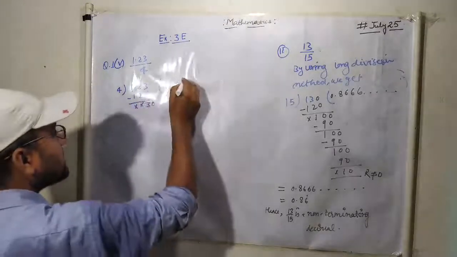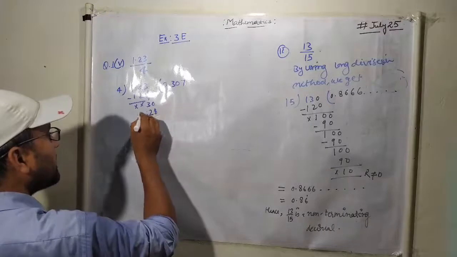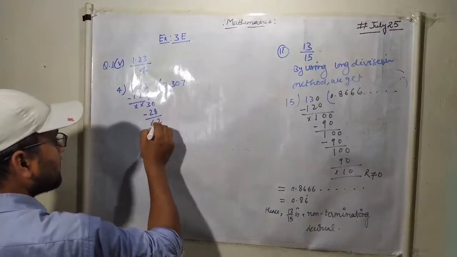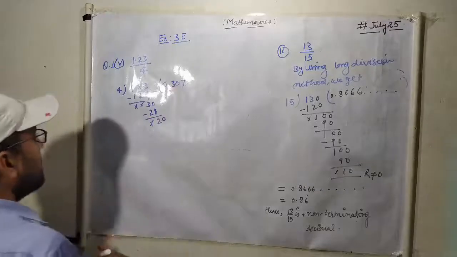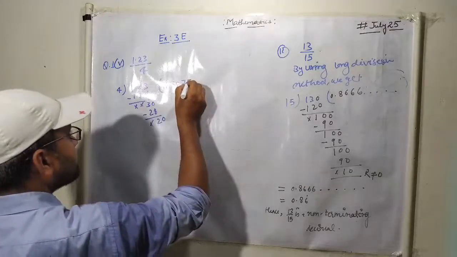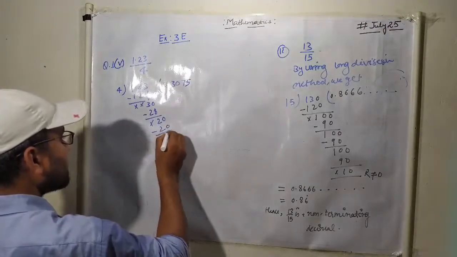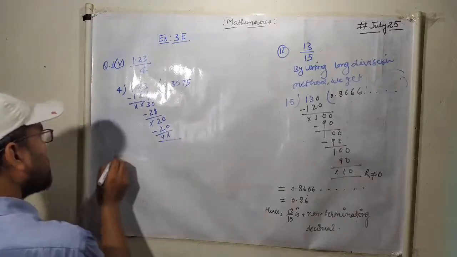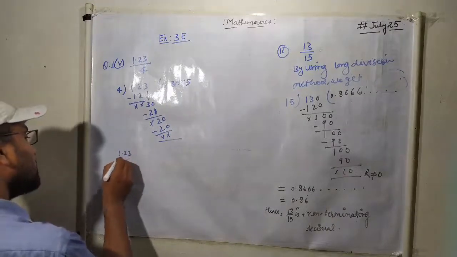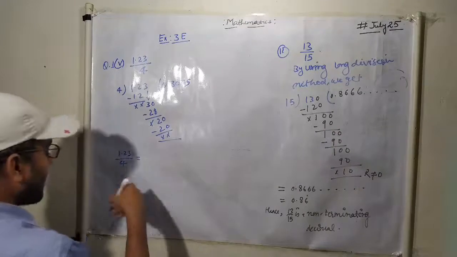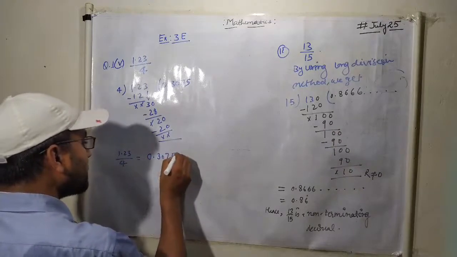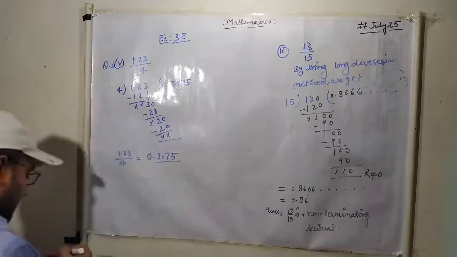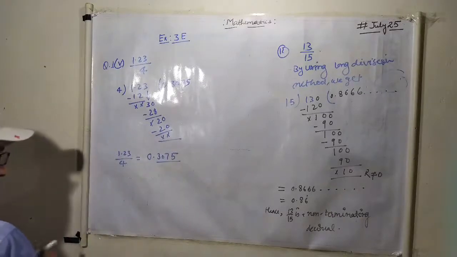Okay, so 7 times: 7 4s are 28, so 2 remains, and 2 is not divisible by 4, so you add a 0. So what you get for 1.23 upon 4, if you change it into a decimal, is 0.3075. So it is also a finite number of decimal places.